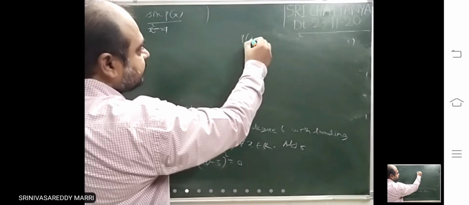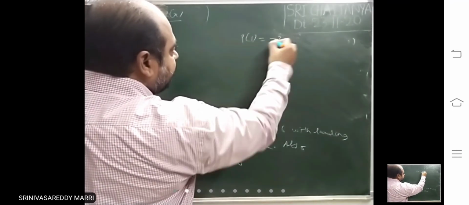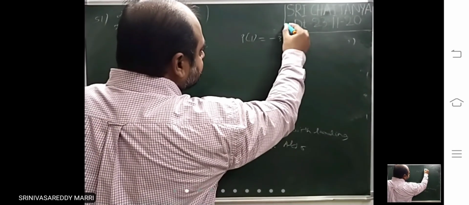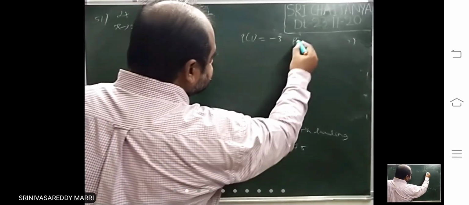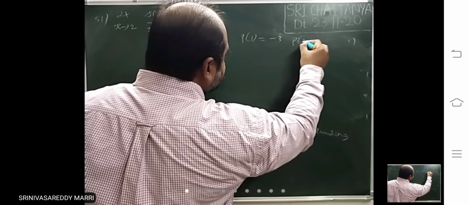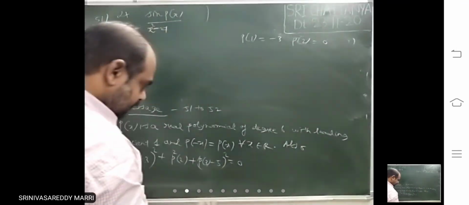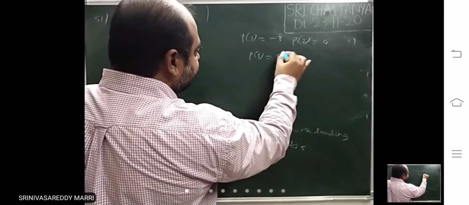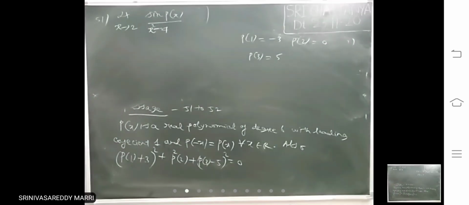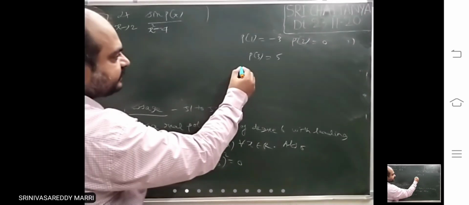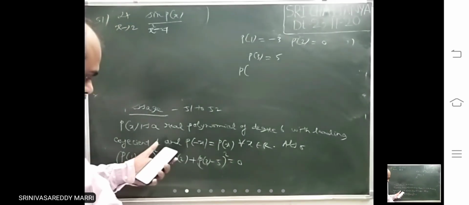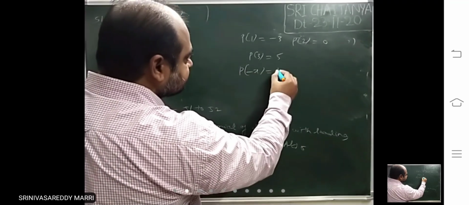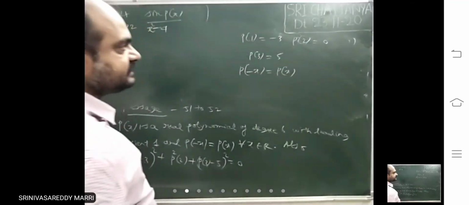That means we can say P of 1 is minus 3. If this is 0, P of 2 is 0. And if this is 0, P of 3 is 5. Now he has given that P of minus x equal to P of x.